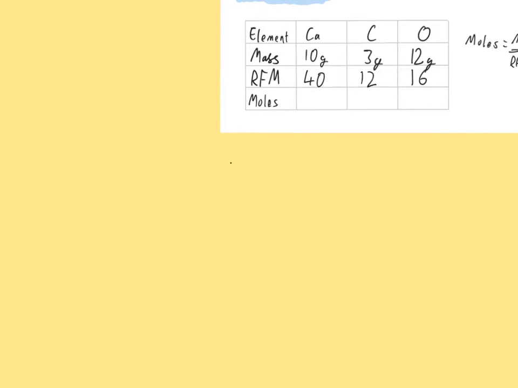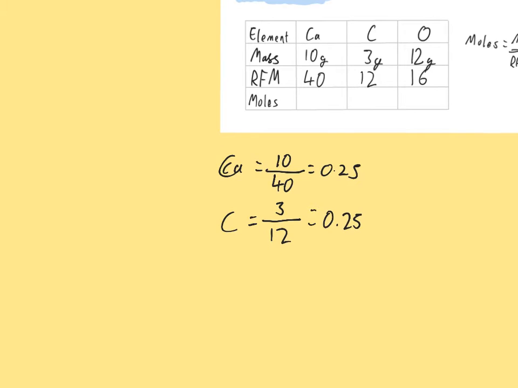To do that, we just do calcium. It will be equal to the mass, which is 10, over the RFM, which is 40, which will give us an answer of 0.25. For the carbon, it's 3 over 12, which again gives us 0.25.